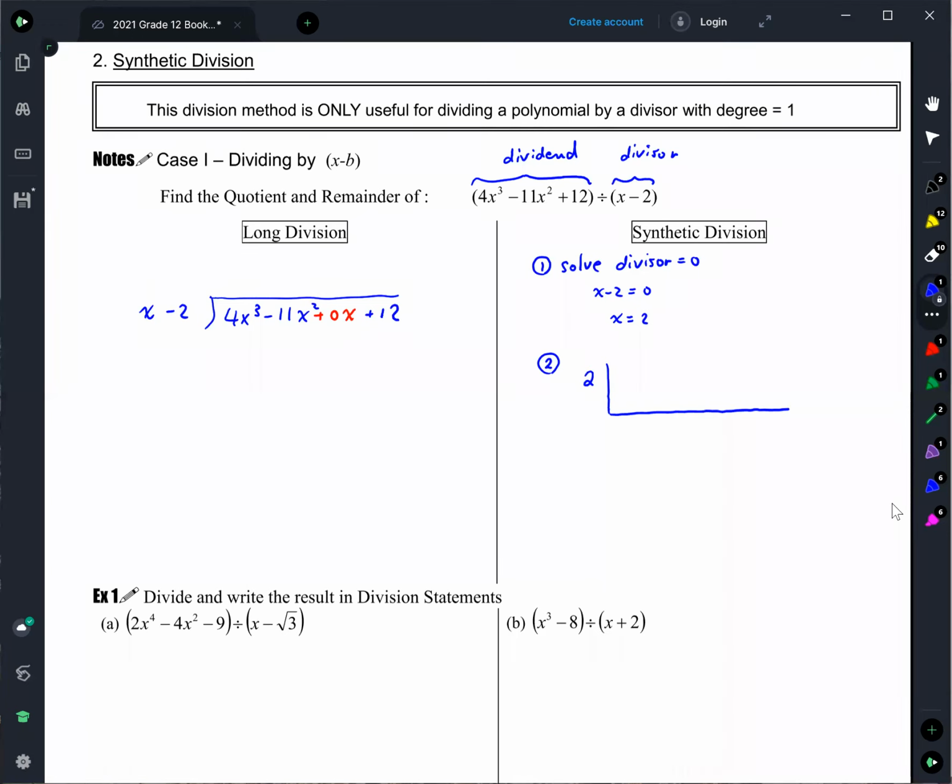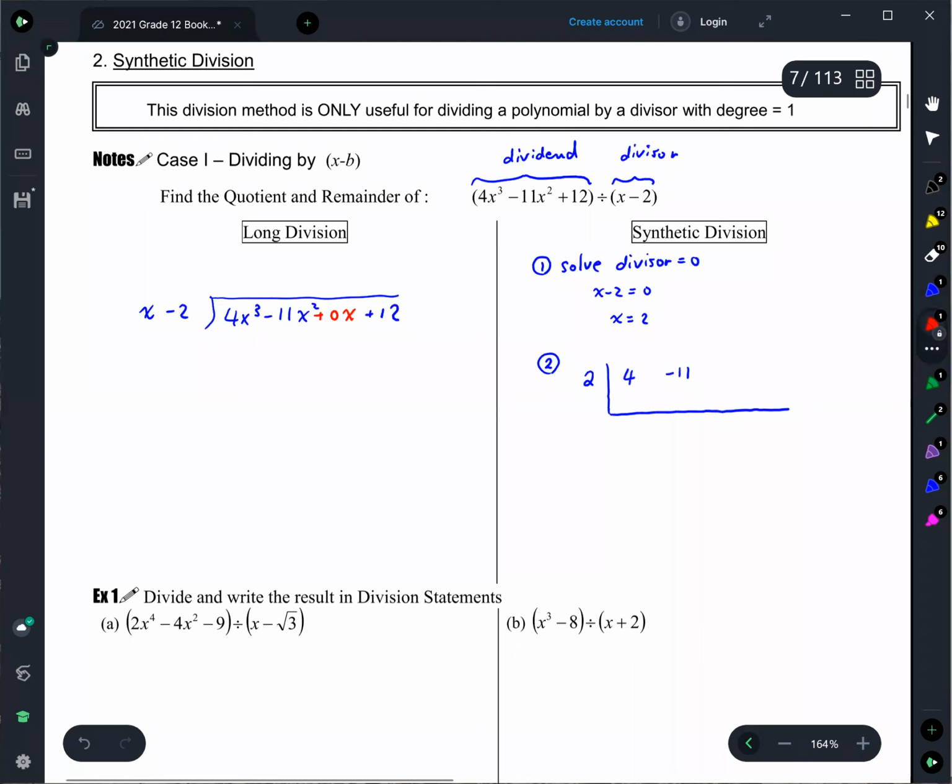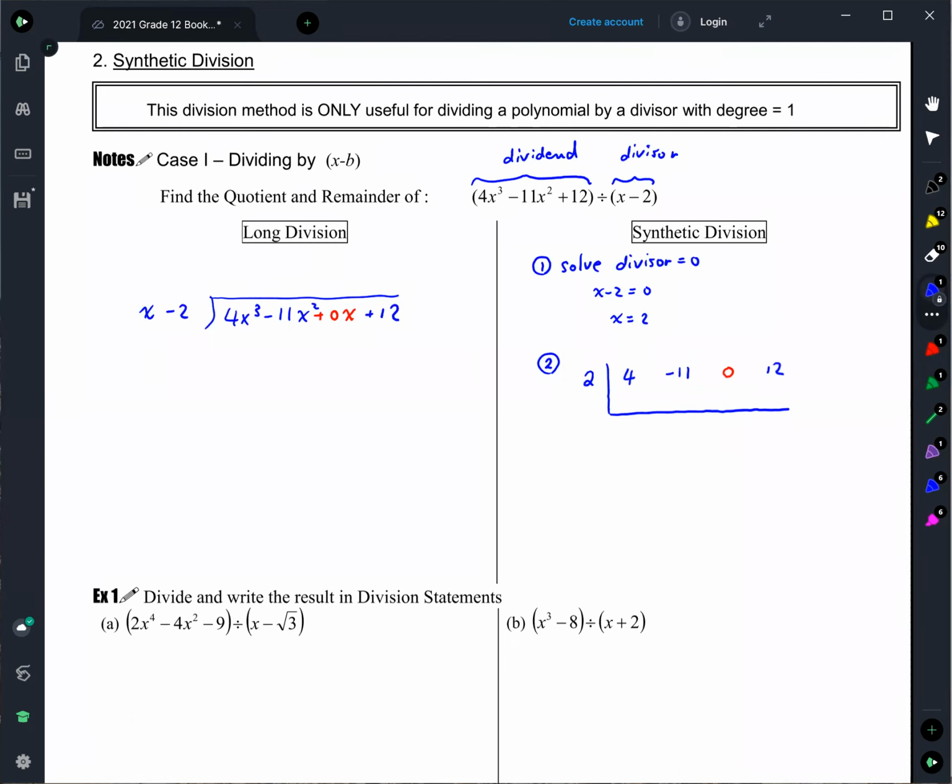Instead of writing out all the x, we just put the coefficients in descending order, okay? So the first coefficient is 4, negative 11. And then once again, we are skipping a term, right? So you need to put a 0, okay, and 12.